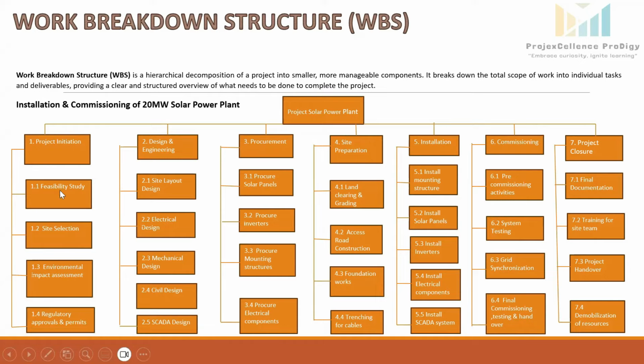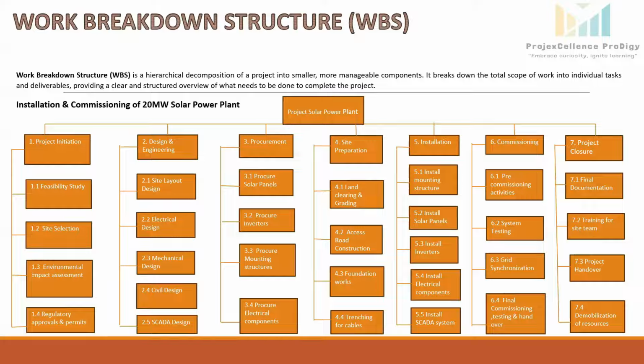So WBS has three layers. The lower layer is of work packages, here all the way. And the top layer is the control account, this layer. Control account is a management control point where scope, budget, and schedule are integrated and compared to the earned value for performance measurement.